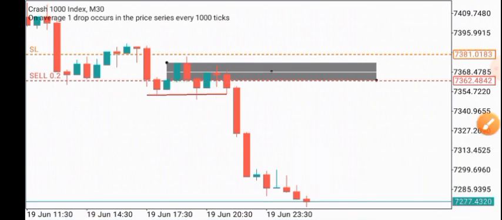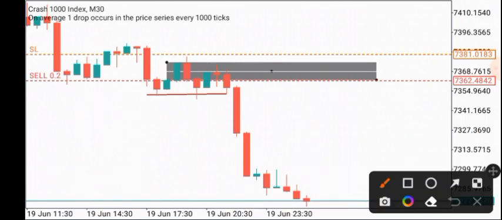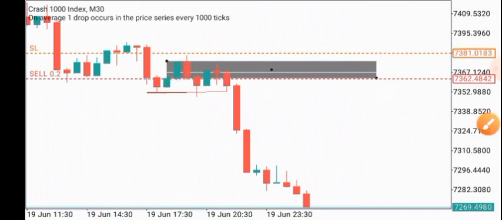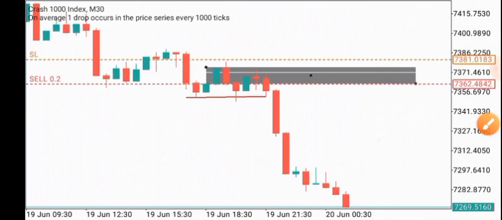Then I woke up now and I found this happening. Basically this was the break of structure here, and then this was the last candlestick before the break of structure. So that was the last opposite candlestick before the break of structure. So I actually used it as my order block, and you can see what's happening.